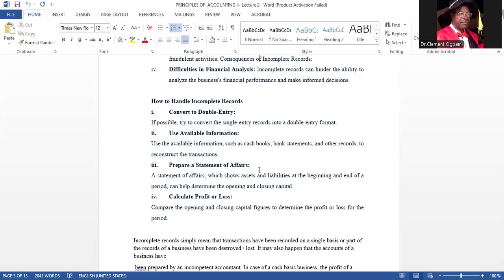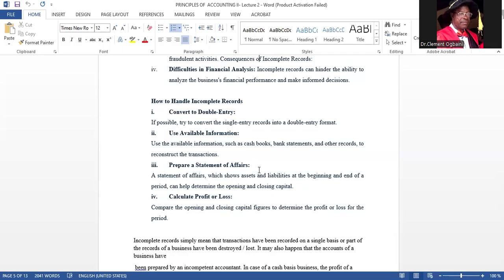You check that at the beginning of the operation, and then you also check at the end of the year what the capital, the liability, and the asset were. Preparing this can give you an idea of some of the transactions that are missing, which can lead you to carry out a proper investigation.